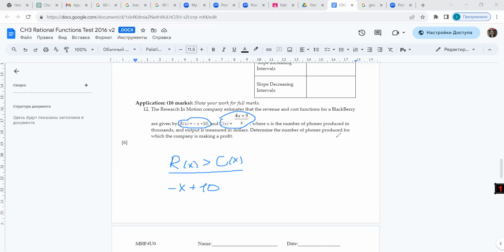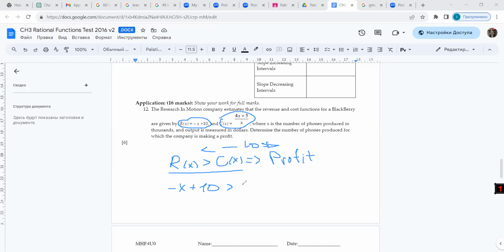Determine the number of phones produced for which the company is making a profit, right? Profit, if R of x greater than C of x, means profit, okay? If the other way around means loss. We spend more than we got, okay? But we need to solve for profit.